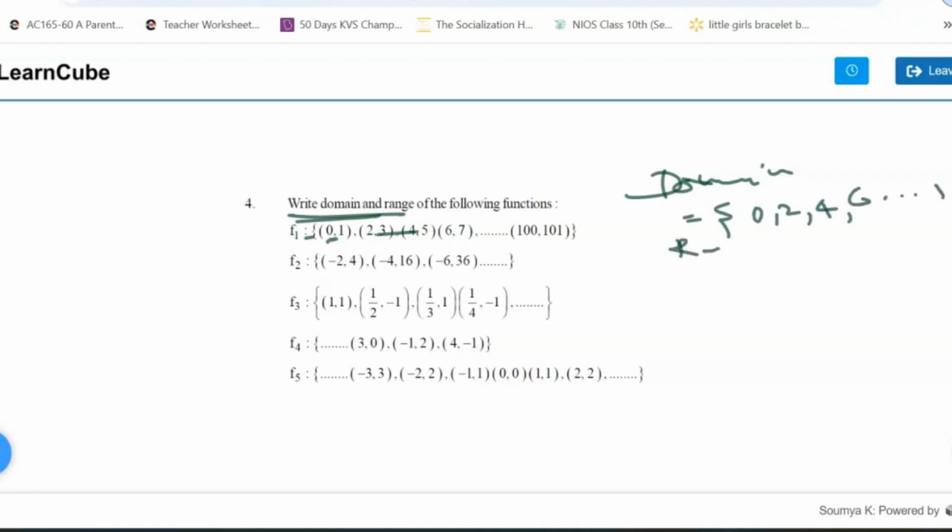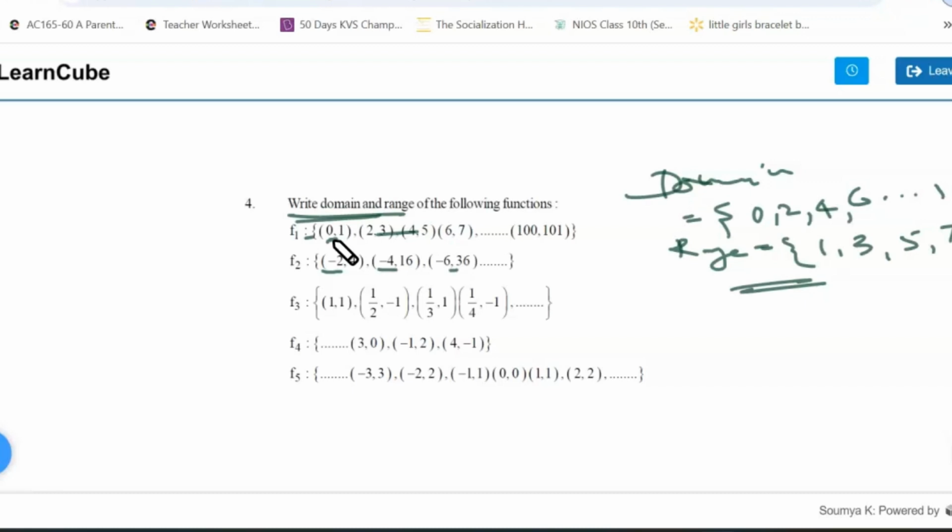If you want to write the range, it will be the second part, that is 1, 3, 5, 7 like that, till 101. The values are there. So this is domain. Okay, for the second question, if you see, domain will be minus 2, minus 4, minus 6 like that. Range will be 4, 16, 36.